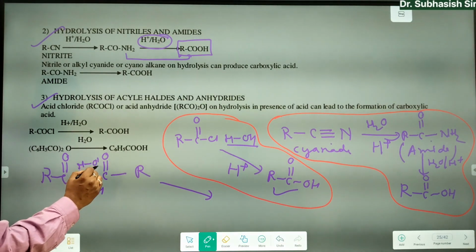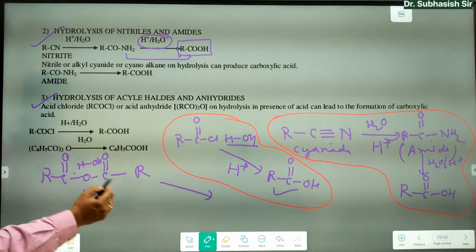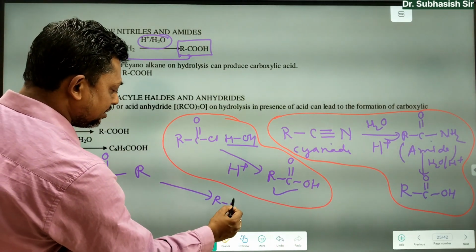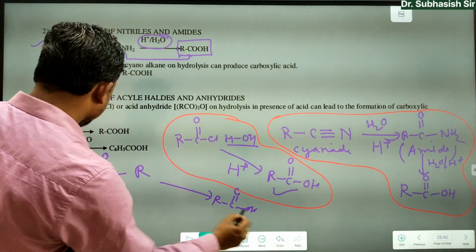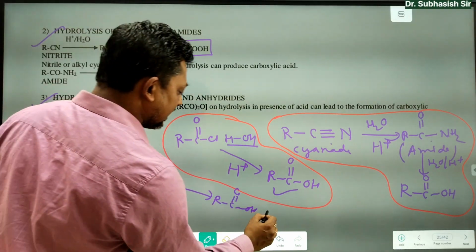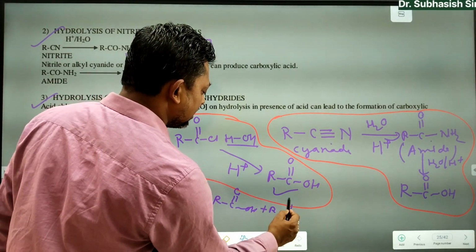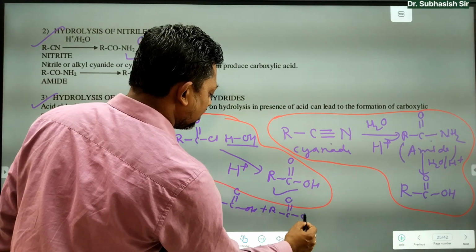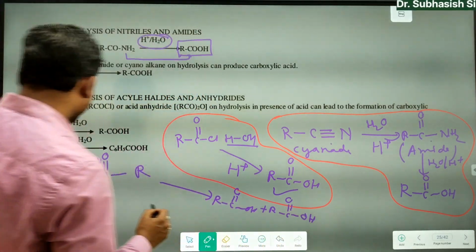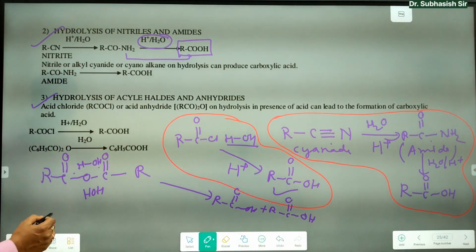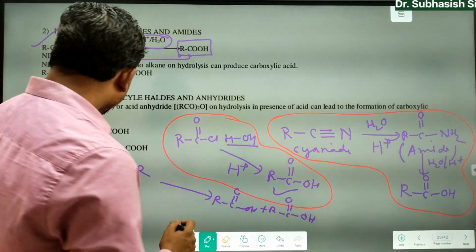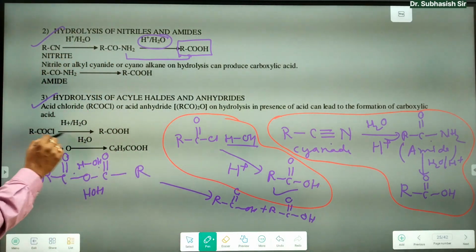So here H, here OH. If you see here, one part gives carboxylic acid RCOOH, and another part gives another RCOOH. So acid anhydride on hydrolysis gives carboxylic acids, right?